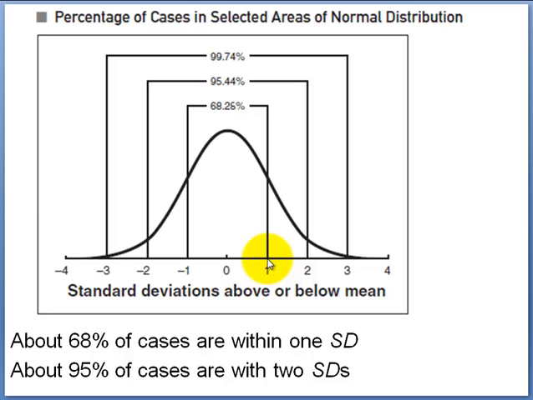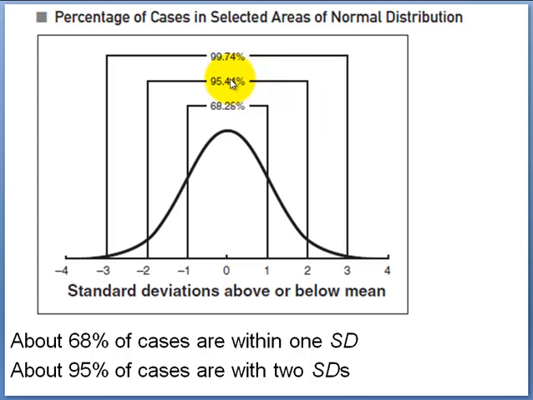Now a second thing that's true, and true of every normal distribution, is that about 95% of cases are within two standard deviations of the mean. So if we go down two standard deviations and up two standard deviations, 95.44 is the actual percentage.